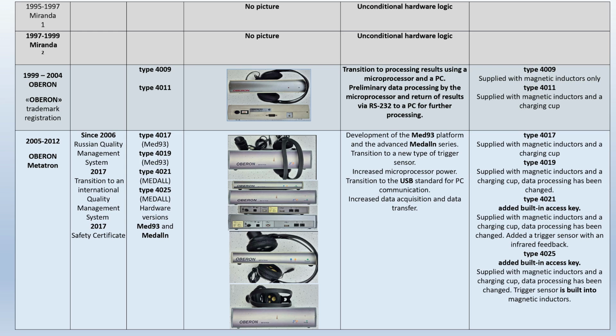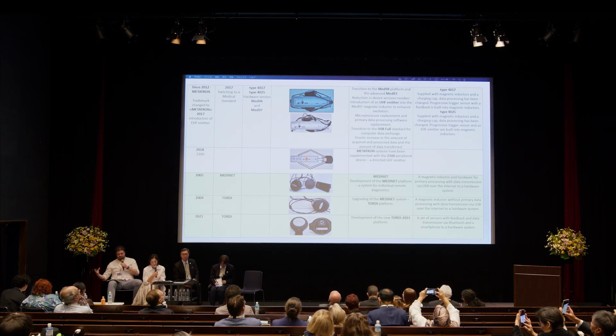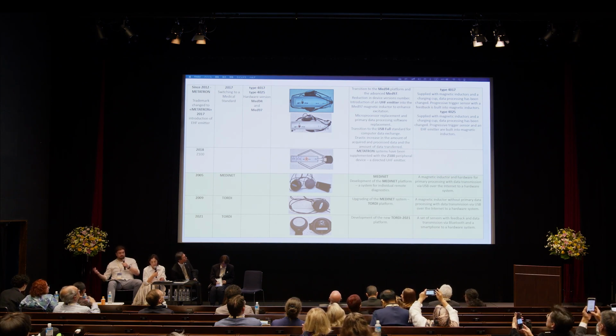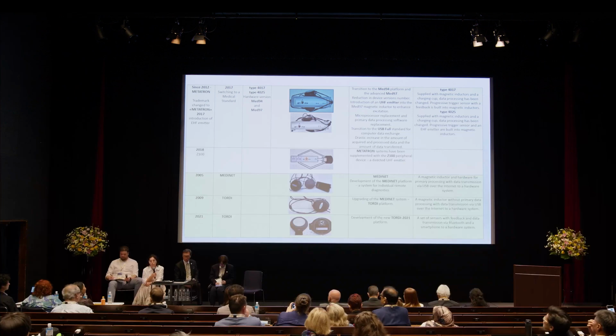Then there were modifications, updates, and improvements of this device, models 17, 19, 21, 25, and with each step there were some improvements in this technology. The generation power and performance of generation were improved. It increases the amount of data that can be transmitted and received, which improves the power of our device.